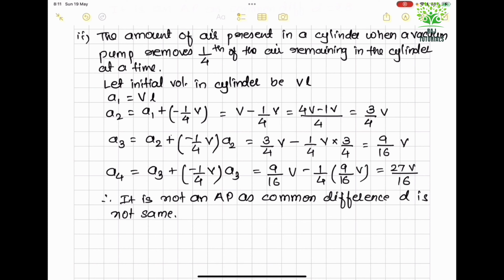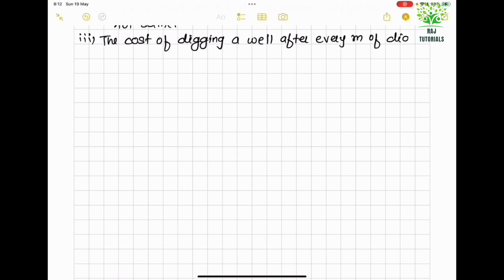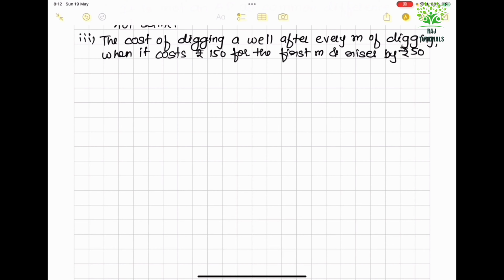Now coming to the third one, it says the cost of digging a well after every meter of digging, when it costs rupees 150 for the first meter and rises by rupees 50 for each subsequent meter.